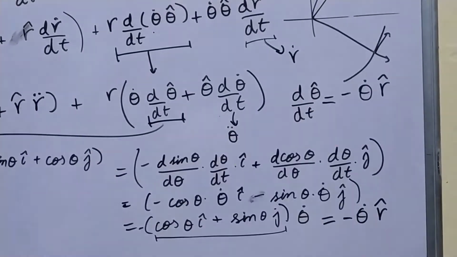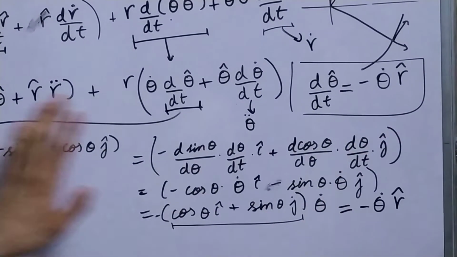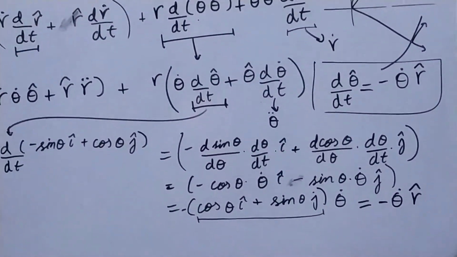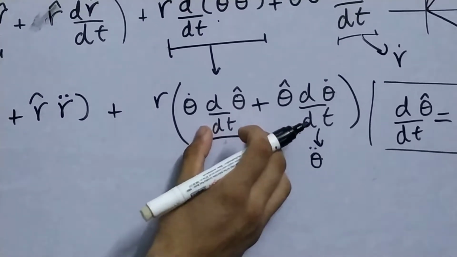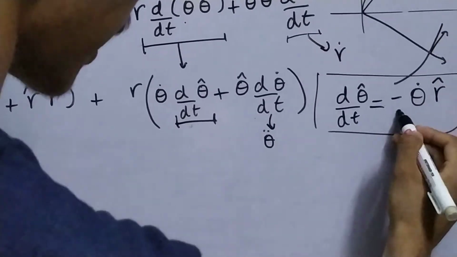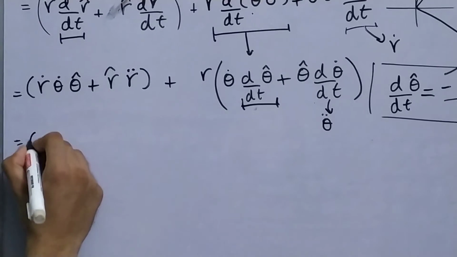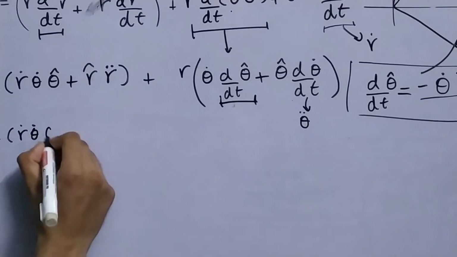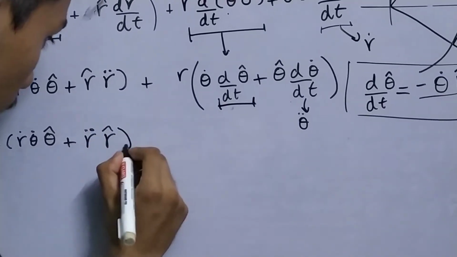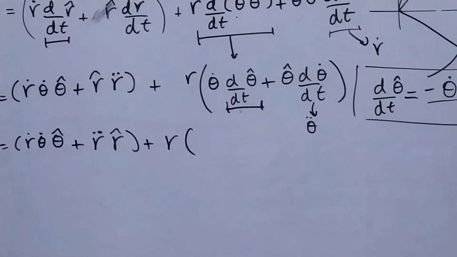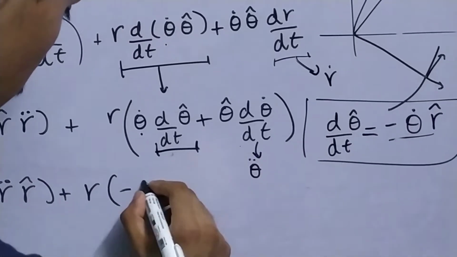So now I'll save this, and let me just erase all of these terms, okay. Let me just replace d theta cap by dt with minus theta dot r cap. What we'll get is r dot theta cap plus r double dot r cap plus r theta dot times this expression will be minus theta dot square.